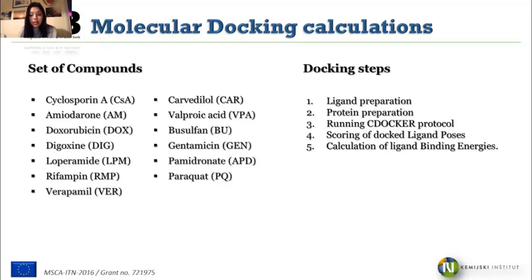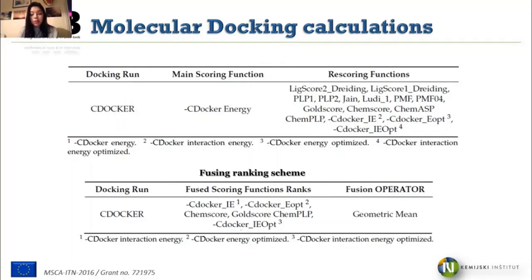The ligand poses obtained were rescored with different scoring functions. Then we used the sum of ranking differences methodology for comparing the performance of the scoring functions calculated. Based on the results of this analysis, we selected the scoring functions to compute a consensus ranking scheme in order to select the top rank poses.